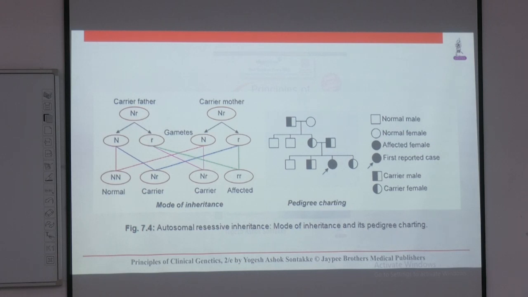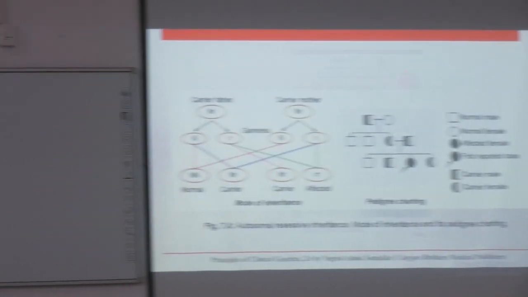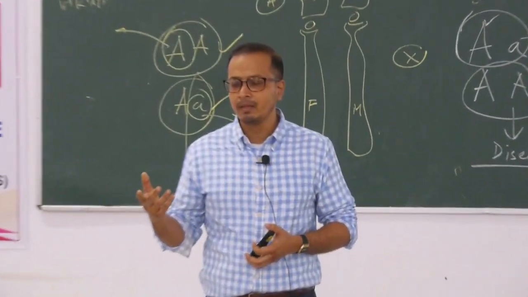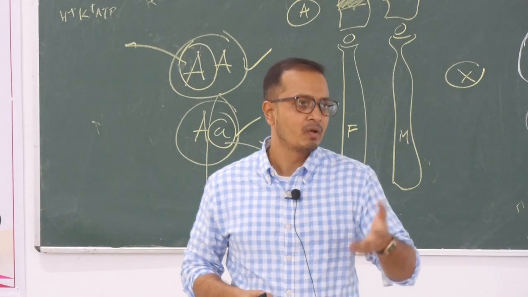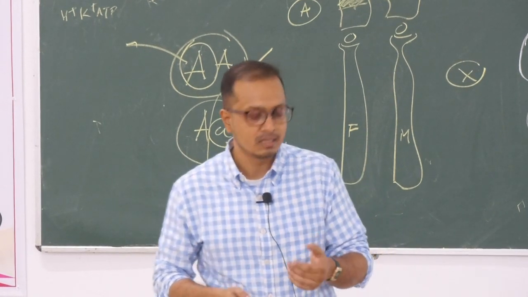So if you are going to analyze these facts about autosomal recessive disorder and advise accordingly, the chances of spread of this disease, if both father and mother are carriers, are 25%. Out of 4 pregnancies, one of them will be diseased, and 3 of them are going to be carrier or not diseased.